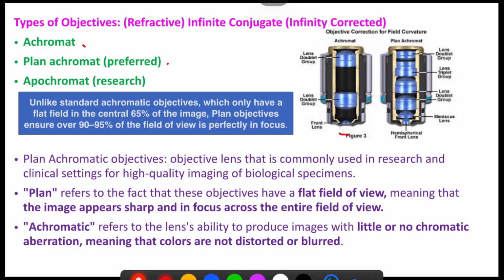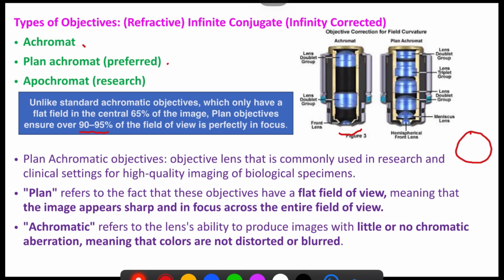See, this is the lens showing an achromat. Here the number of lenses is one lens doublet group here, another lens doublet group here, and this is the frontal lens. In a plan achromat, the number of lenses is more. So what happens? It provides a flat field in the central area, which is 90 to 95% of the field of view.